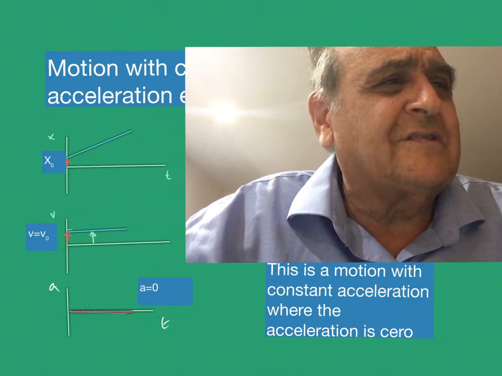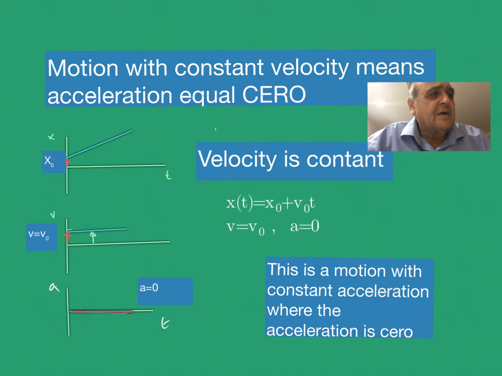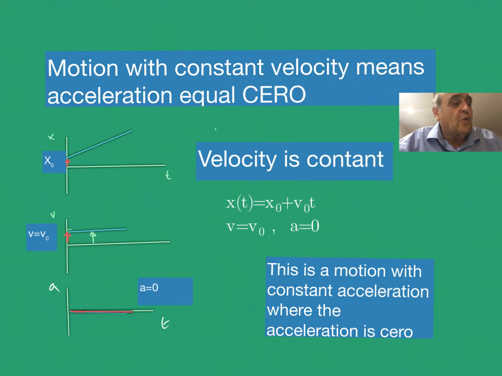So what we have seen for the moment is motion with constant velocity. What are the graphs of motion with constant velocity? When the velocity is constant, the graph of the position with respect to time is a rectilinear line. The slope of this graph is the velocity.